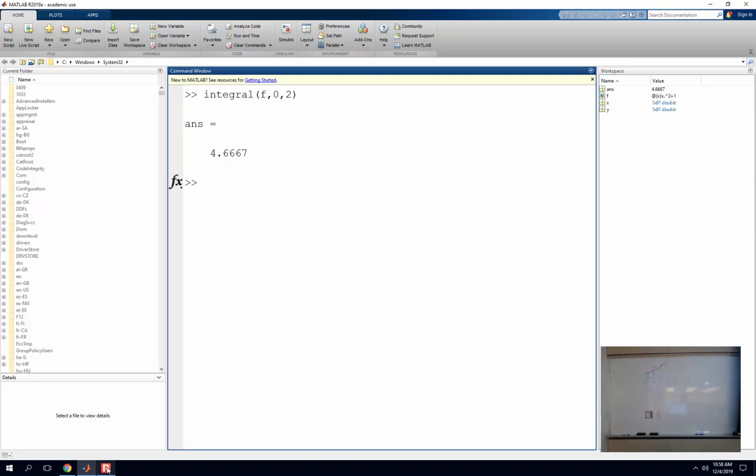Trapezoidal is a numerical solution. integral is also a numerical solution, but in integral you don't have to define where your x and y values are. You just give it your function handle, that x squared plus 1, to the built-in function integral. It will select where the x points should be and evaluate the y points given the function.